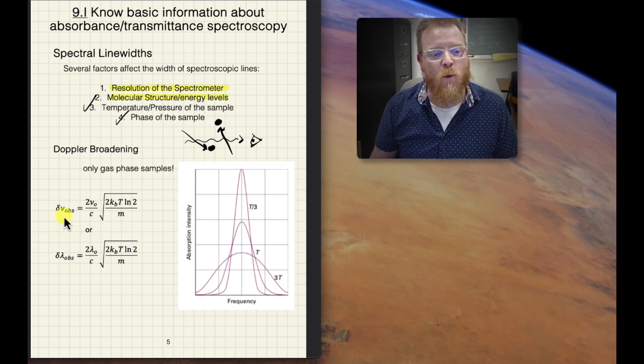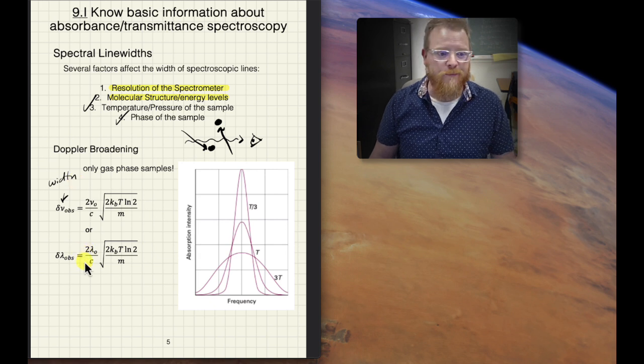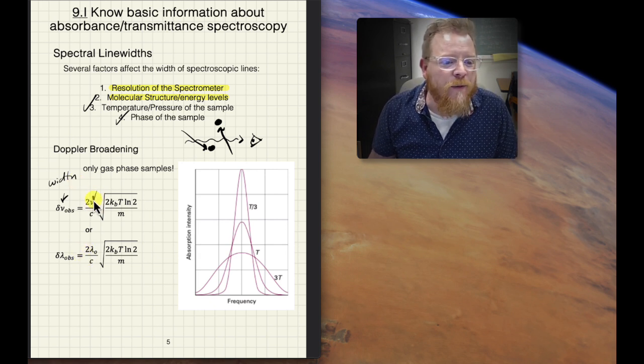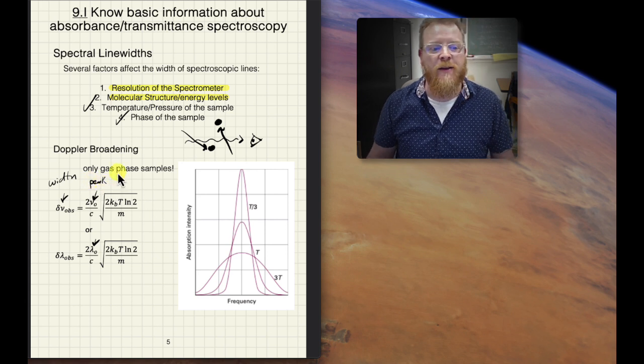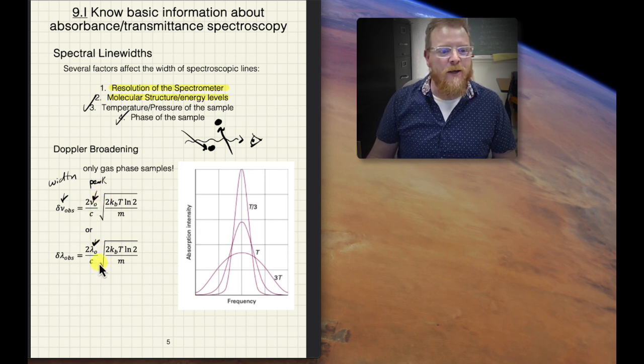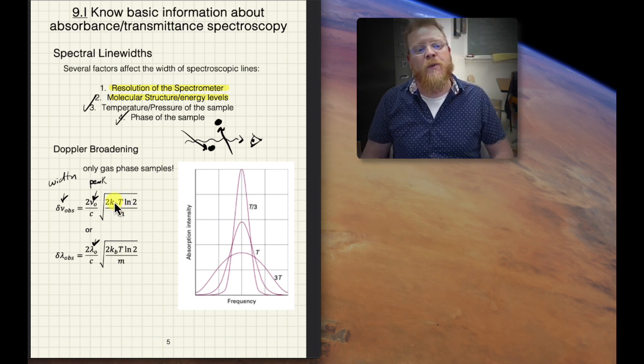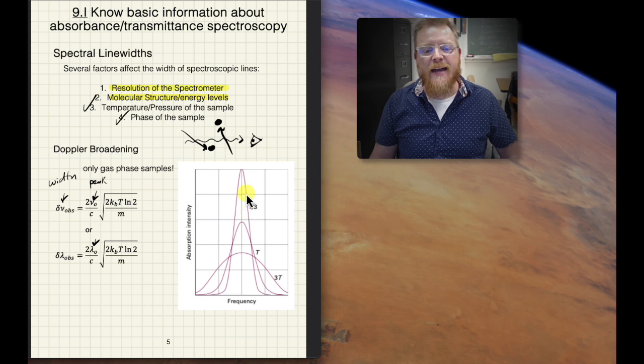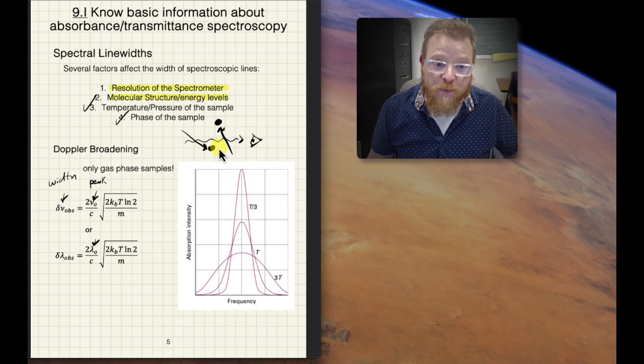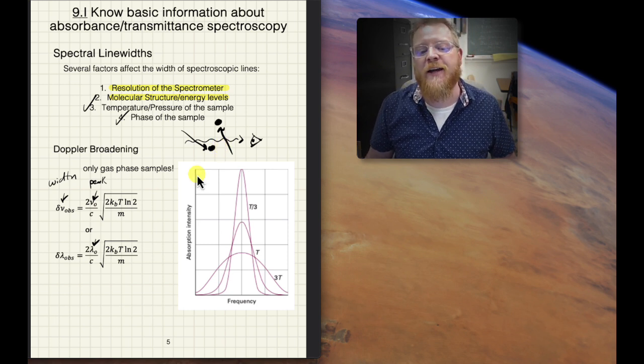We can come up with this equation here, where delta nu observed or delta lambda observed is the width of our peak, and this quantity right there is the peak height at that frequency. You'll notice there is a Boltzmann situation there with k_B T. As you might imagine, the colder the temperature gets, the slower these molecules move, and thus the less of a Doppler effect is observed.